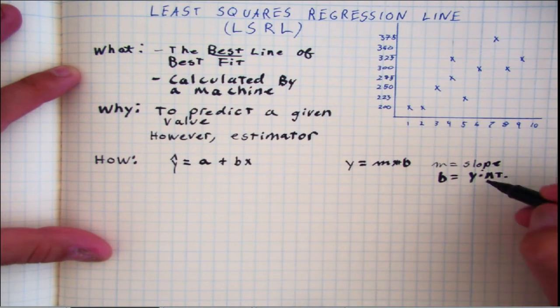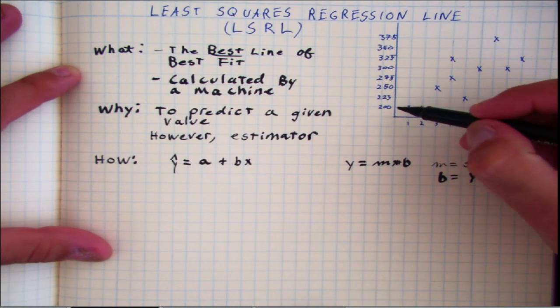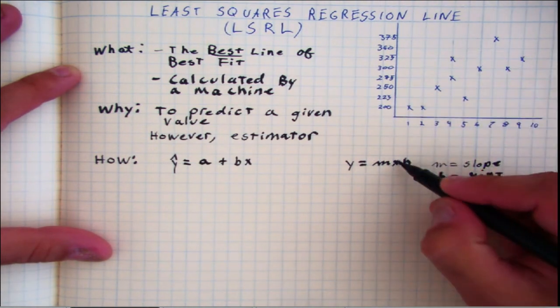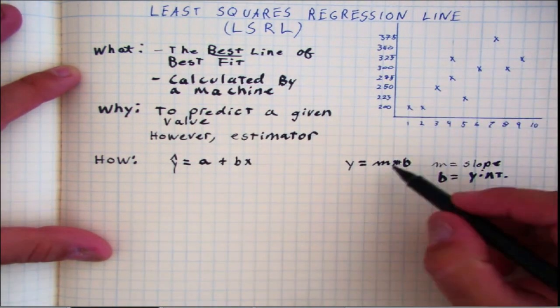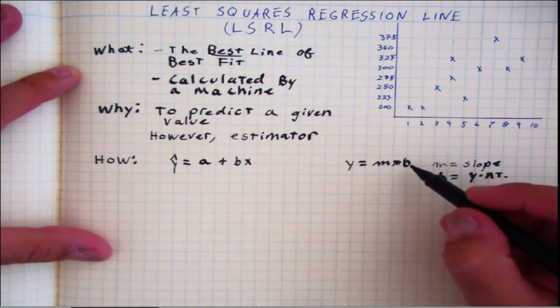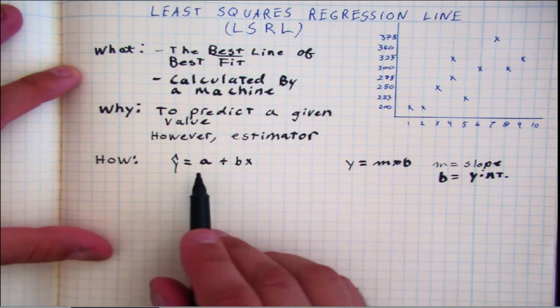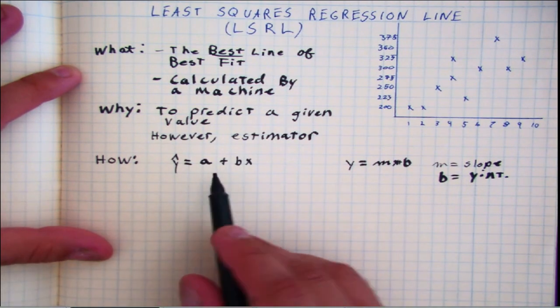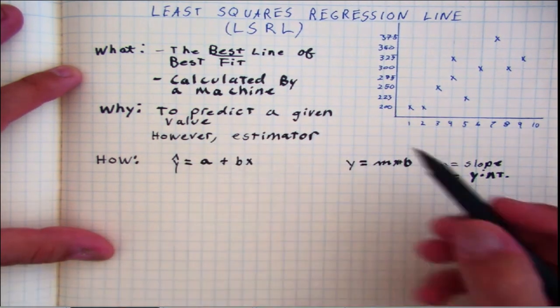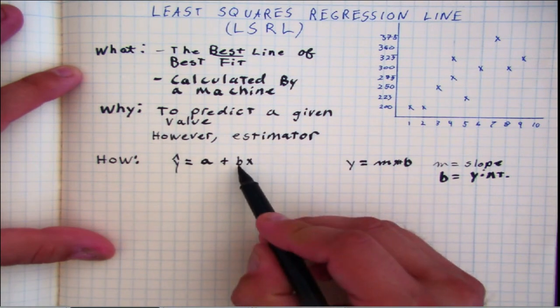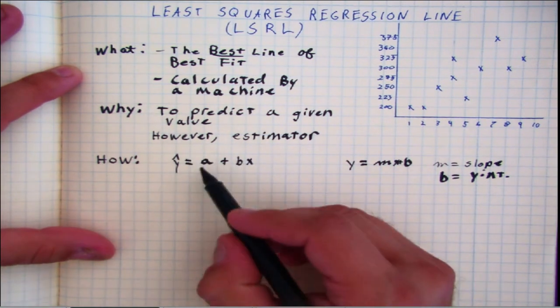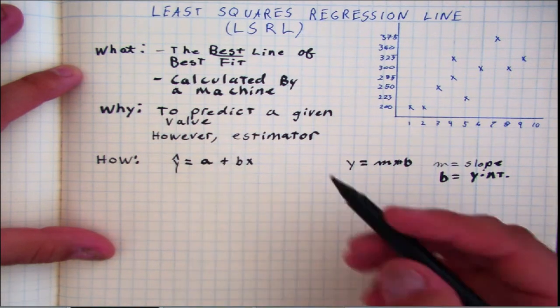The y-intercept is where the line crosses the y-axis. So we can't really use this equation because m and b are different things in statistics. So instead we're going to change this equation around to a plus bx. Once again, the number in front of the x is your slope. The number that doesn't have an x is your y-intercept.